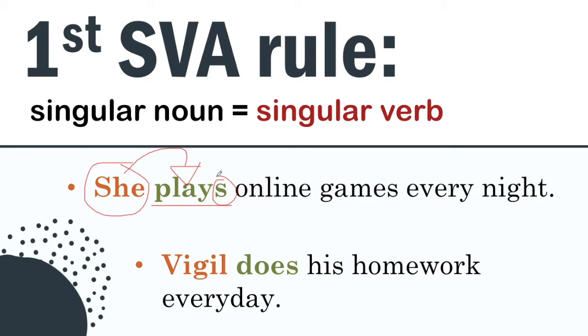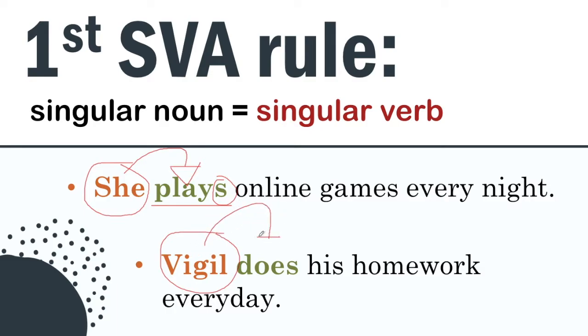Vigil does his homework every day. Again, the one in orange is the subject. And how many names do you see? Yeah, we only see one name, and the name of that subject or noun is Vigil. So we have a singular subject or a singular noun.